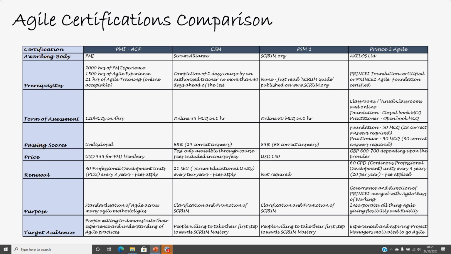After passing the exam, you have to renew your certification every 3 years by submitting professional development units. Professional development units are the study hours or the development hours. You may have earned your development units by doing some further study.